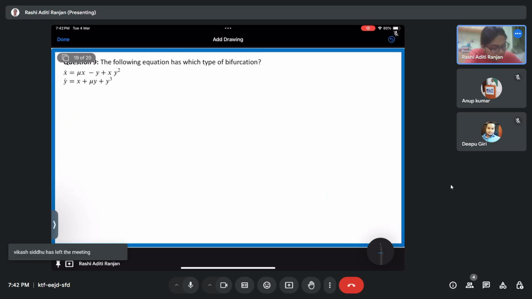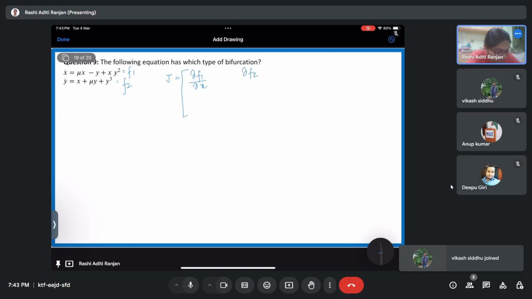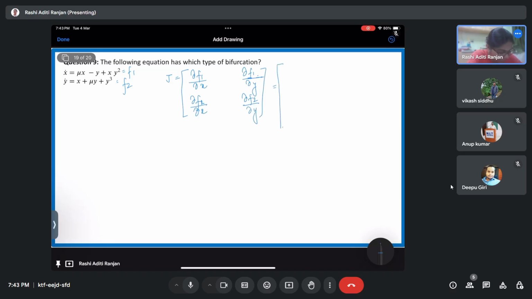Okay. So for the Jacobian, let this be F1, this be F2. So I have the Jacobian as nothing but the partial derivatives. So if I perform the partial differentiation, what is going to happen?